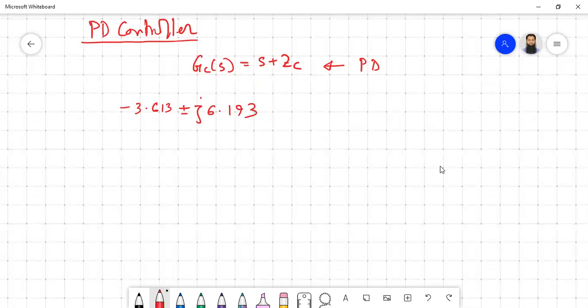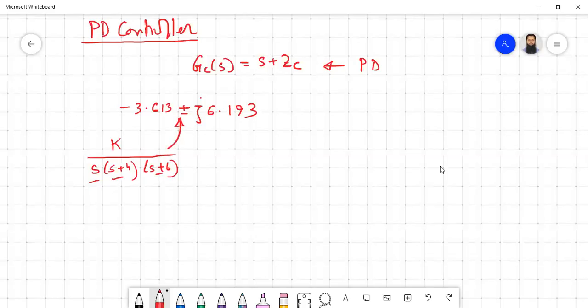Once we know the point, and we know the open loop poles and zeros are at s equal to 0, s equal to 4, s equal to minus 4, and s equal to minus 6, we can easily find the angle contribution by these poles to this location.